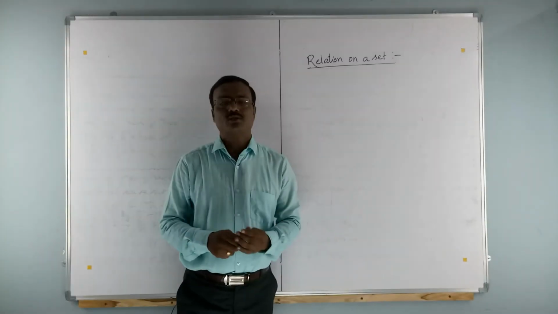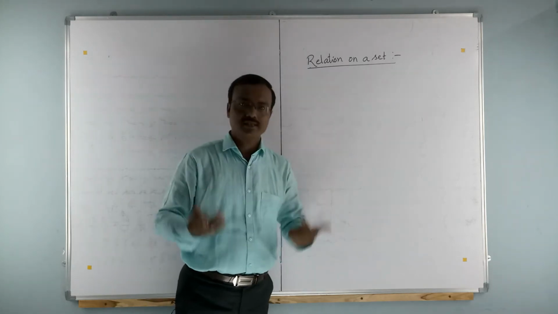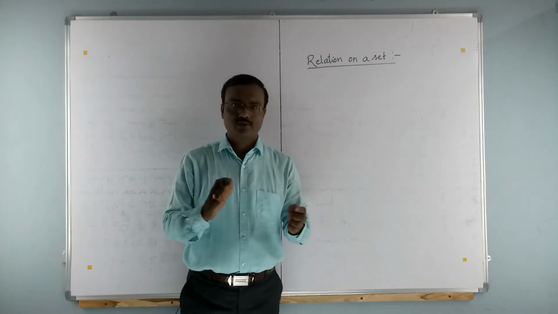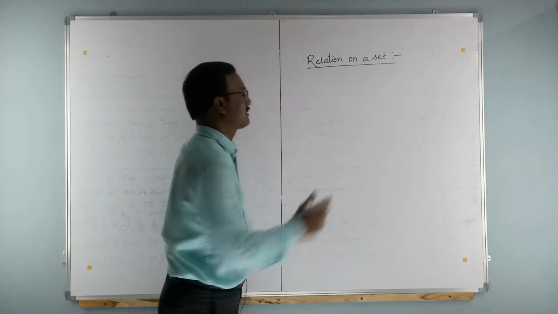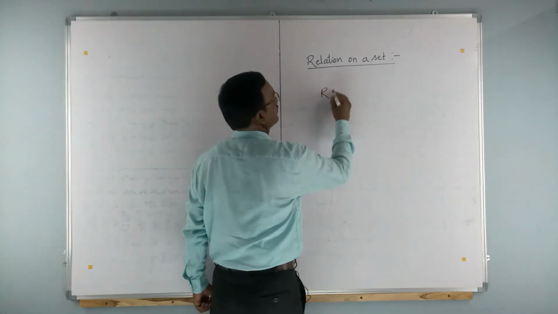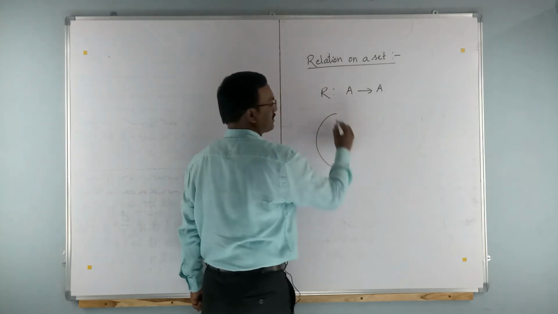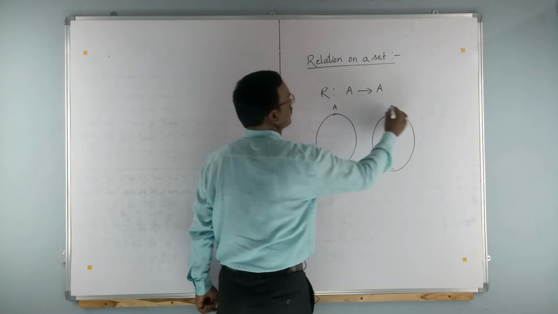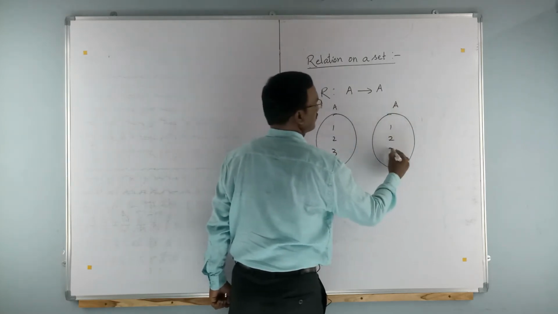Now, relation on a set. When can we say R is a relation on a set A? Generally we say relation from set A to set B. Then when can we say that R is a relation on A? Let us say this. If R is a relation from set A to set A, that means the first set and the second set elements are the same. So this is also A and this is also A, 1, 2, 3 and 1, 2, 3 here.